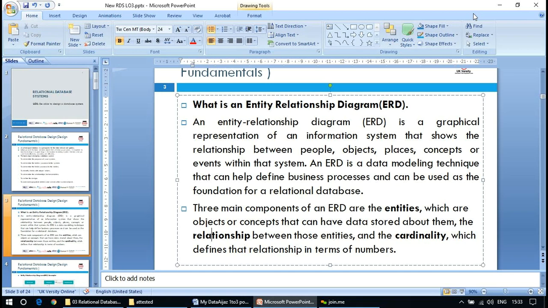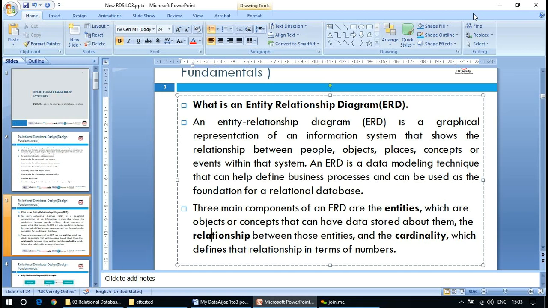The cardinality is how many times. So first you find the entity, then you create the relationship in between, and then you define how many times which entity would be related with another entity, in which cardinality, meaning in which number.